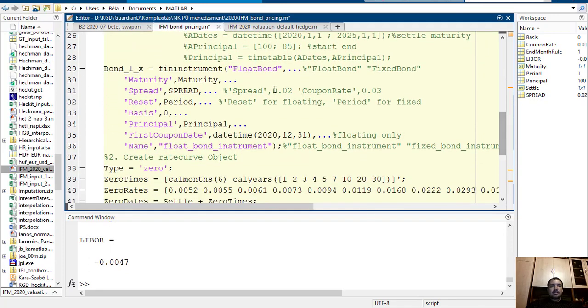And after that, we have to define the instrument, so we have to define the object. In this case it will be a floating bond, maturity, spread. If it's fixed, then it will be the coupon rate, the name for that. Reset period, basis 0.